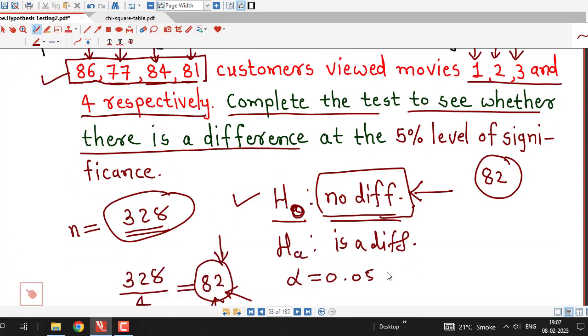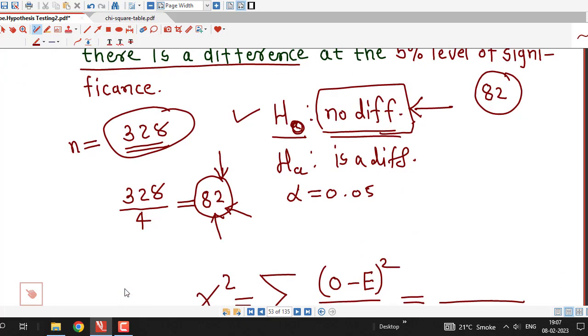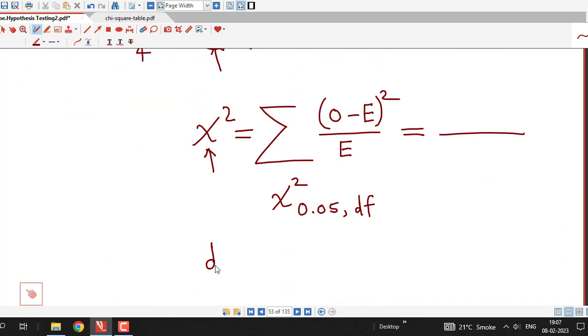Degrees of freedom for this goodness of fit test is given by k minus p minus 1. K means the number of categories. Here there are 4 movies, so there are 4 categories. Small p is the number of parameters estimated using sample data, if we are estimating any population parameter.